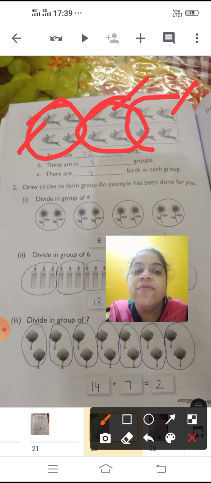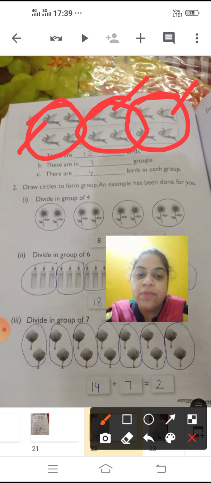So, if we multiply, 3 multiplied by 4 gives you 12. So, total number of birds, that is 3 fours are 12. Understood?